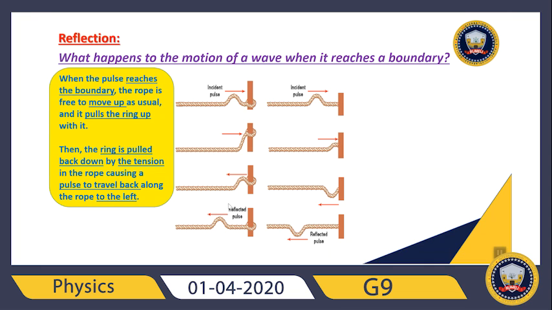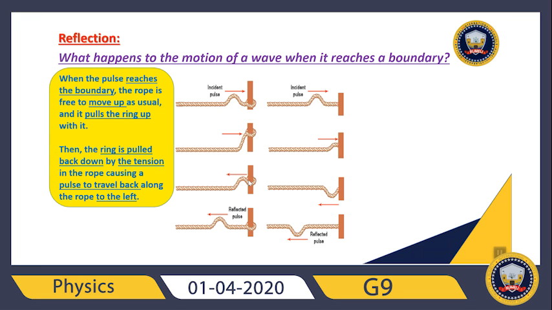So simply again, when the pulse reaches the boundary, the rope is free to move up as usual, and it pulls the ring up with it, as in the second one. Then the ring is pulled back down by the tension in the rope, causing a pulse to travel back.